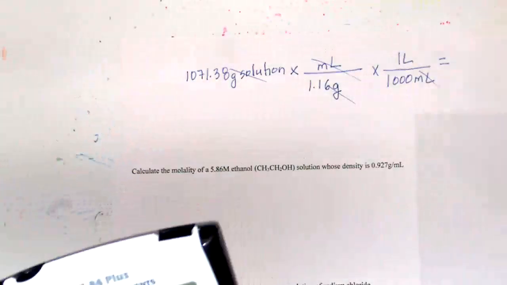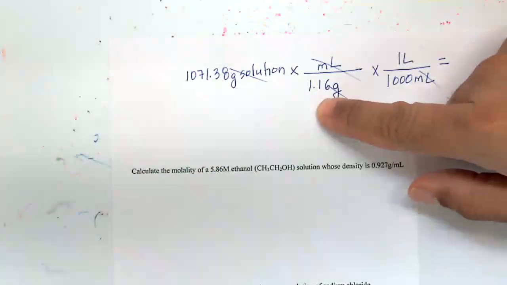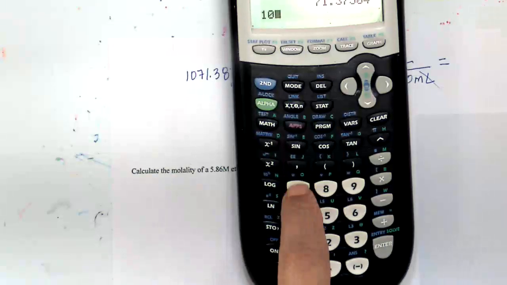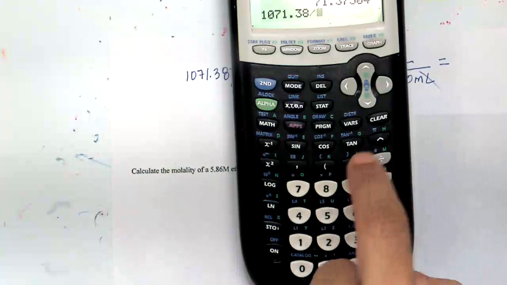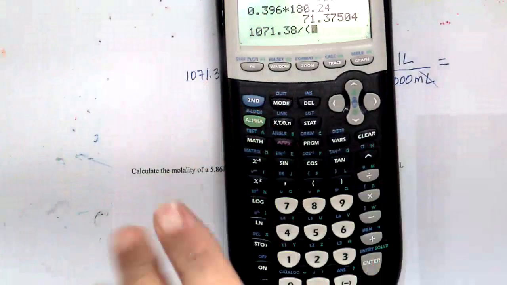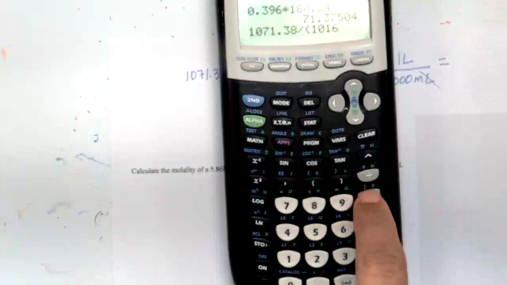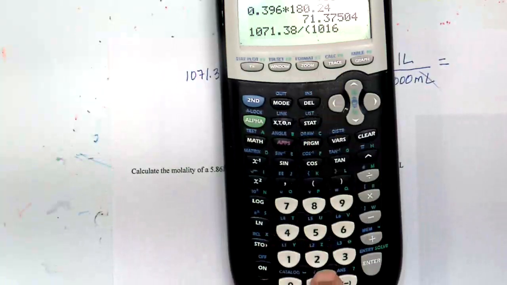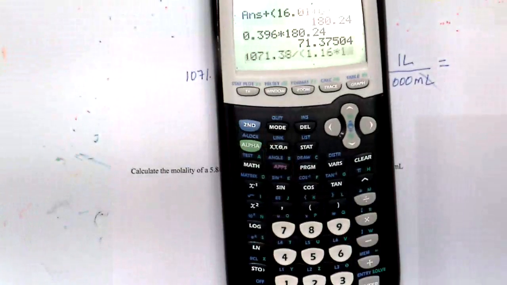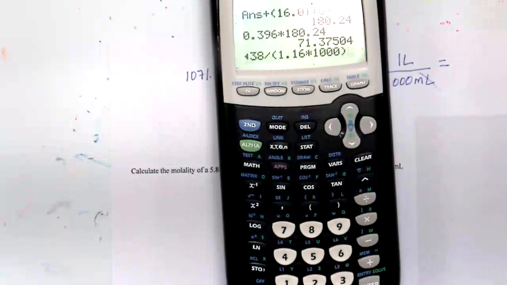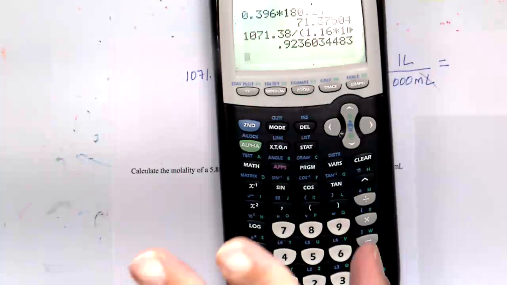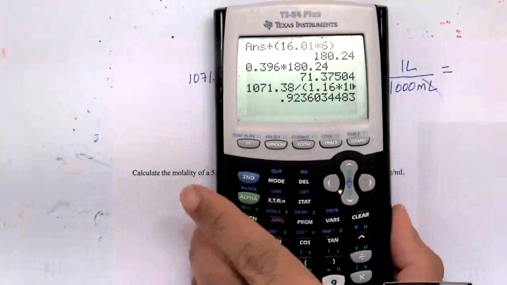So 1071.38 divided by 1.16 times 1,000. That gives 0.924 liters.